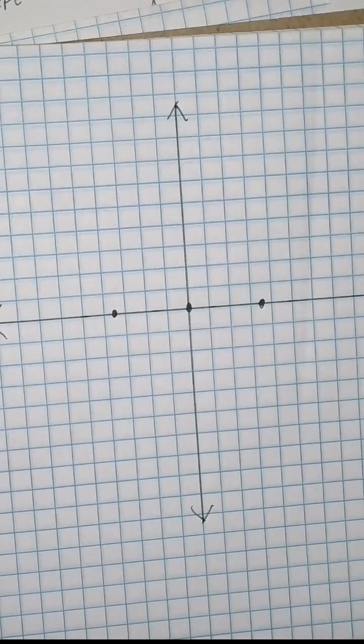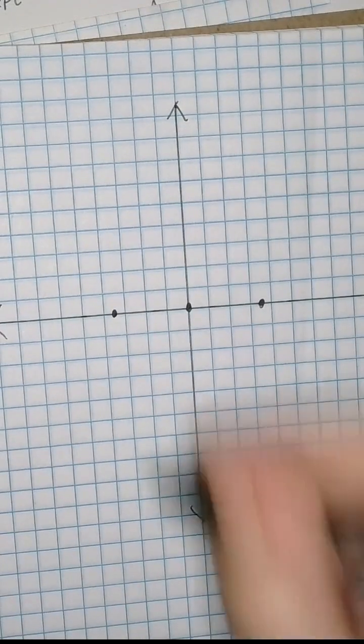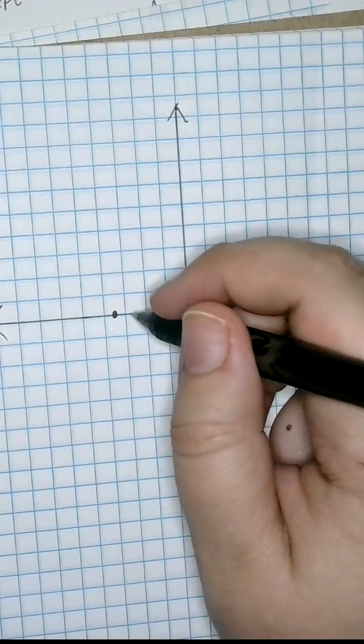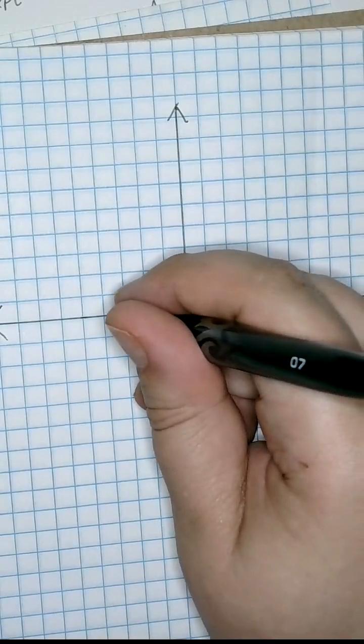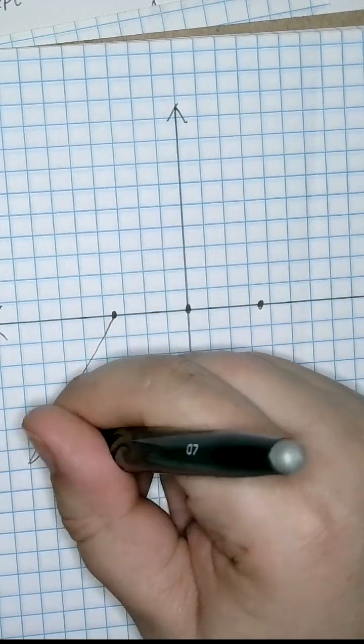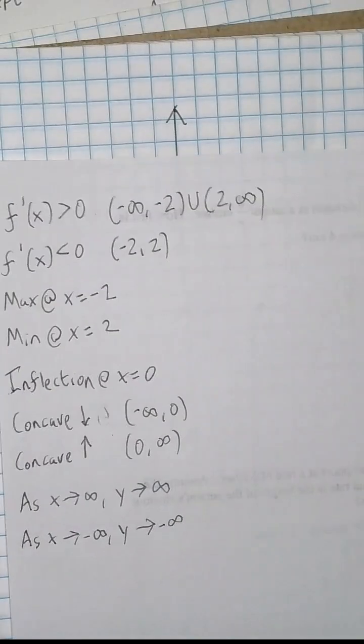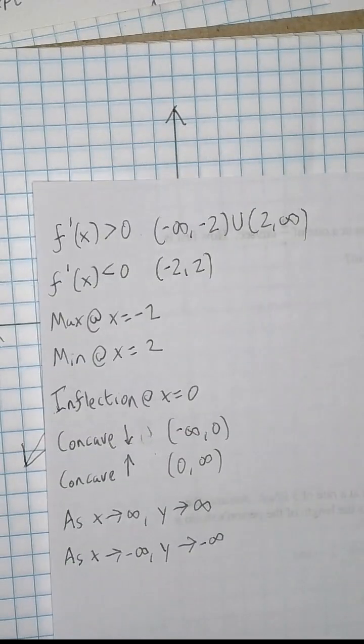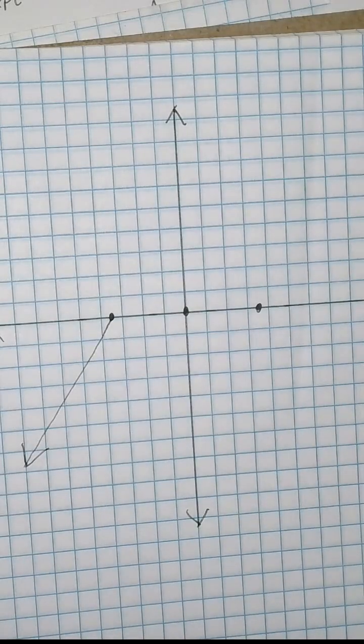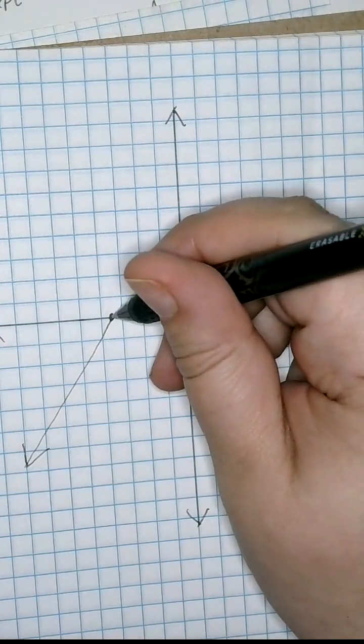So we have negative infinity. So from here, I have this going on. Well, it actually doesn't really satisfy a rule right this second. But we have this going on.